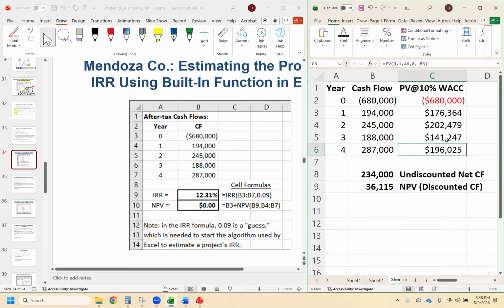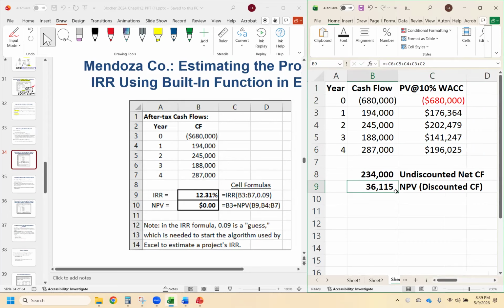So it has to get discounted 10% for every single year out that we have to wait. So we're actually only getting 36,115. But again, because it's higher than 0, we accept the project. So it's a good project.